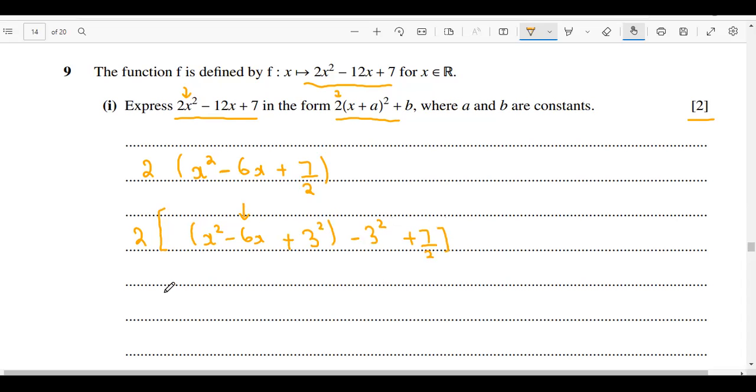And now we are going to think about it as a complete square. So this would become x minus 3 whole squared. And I have 2 minus 9 plus 7 by 2. And after simplification, I'll just do it quickly. x minus 3 squared. And that would give me what? This is minus 9 plus 3.5. So what am I going to get?